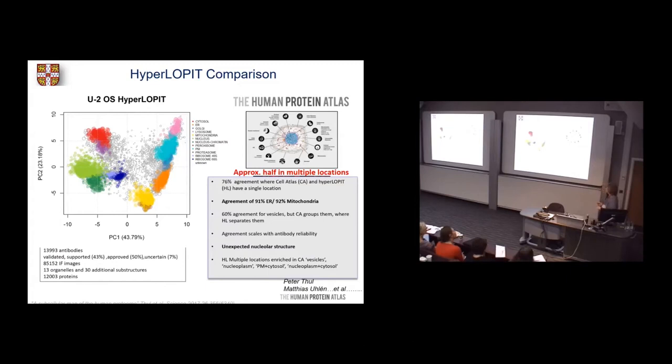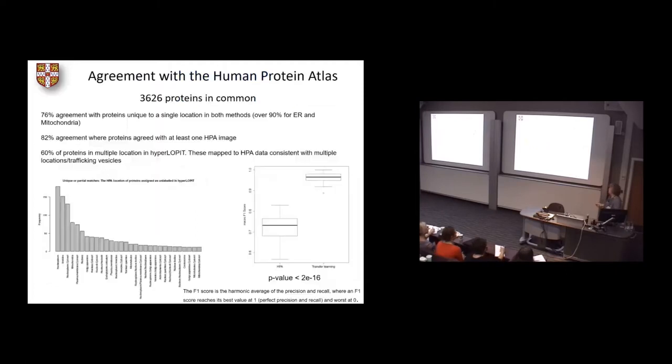And it's also interesting to see that where some of the antibodies Emma was less confident with and some of the antibodies she was more confident with, our agreement scaled with that confidence. So the more confident that she was in the targets of the antibody and their reliability, the more agreement there was with our data.